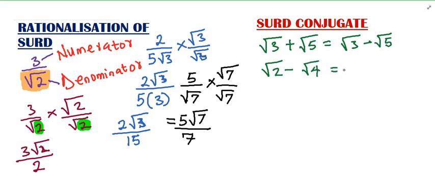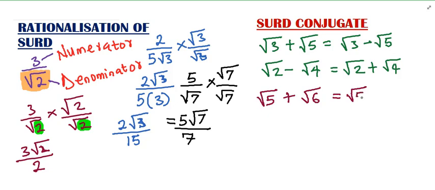The conjugate becomes SOD 2 plus SOD 4. So imagine the conjugate is just changing the sign, and I'm going to show you where you will make use of the conjugate. Not really now, but we're going to definitely work with it. I hope you understand. Okay, so let's say SOD 5 plus SOD 6. Just simply change the sign. That is, the conjugate becomes SOD 5 minus SOD 6.